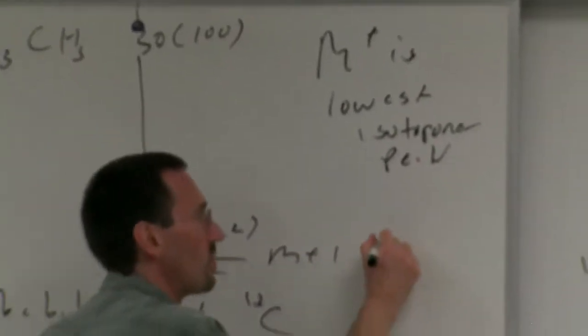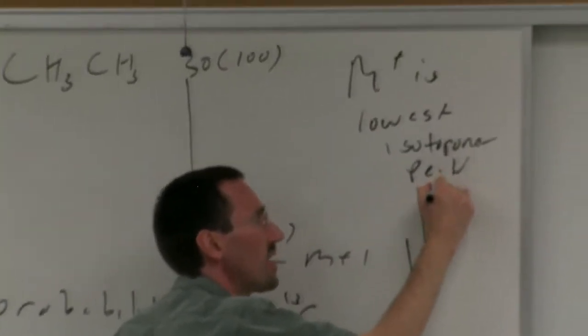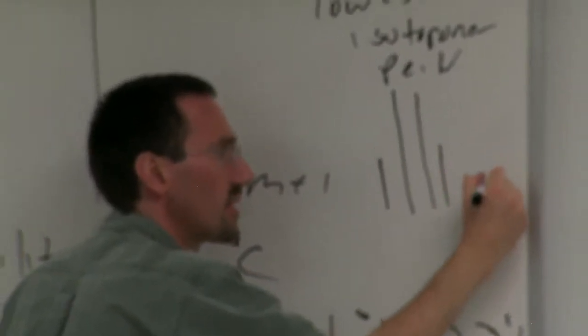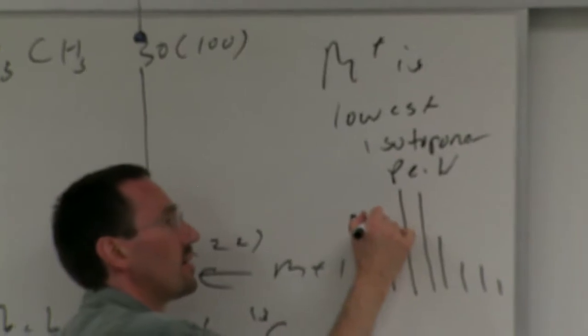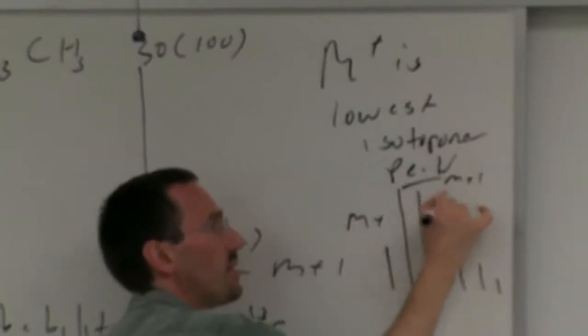So for example, if you had a compound with 200 carbons in it, you would see a pattern where you saw a peak, another peak, another peak, and I'm not giving you the exact pattern, but something like this. And this would still be your M plus. This would be your M plus 1, M plus 2, and so forth.